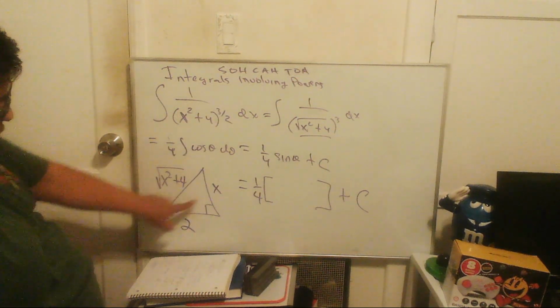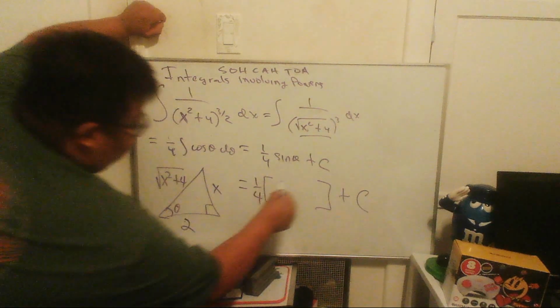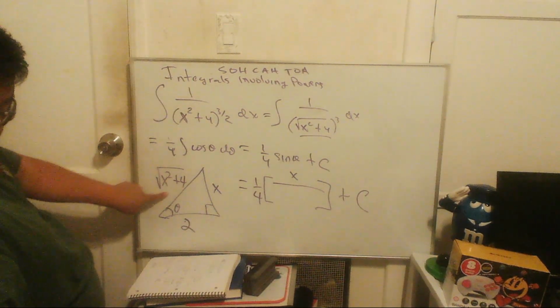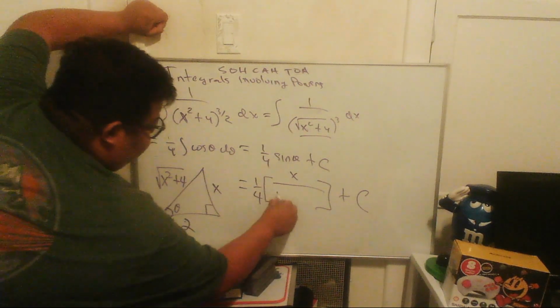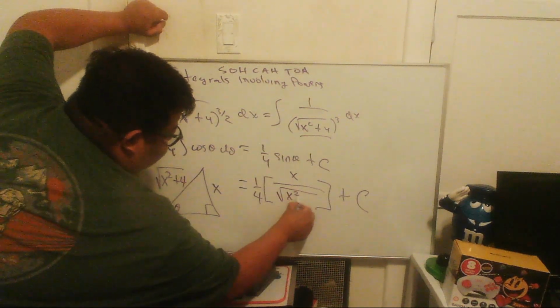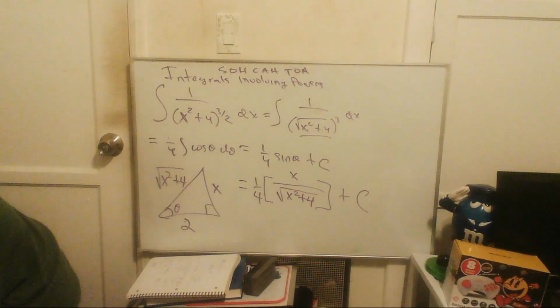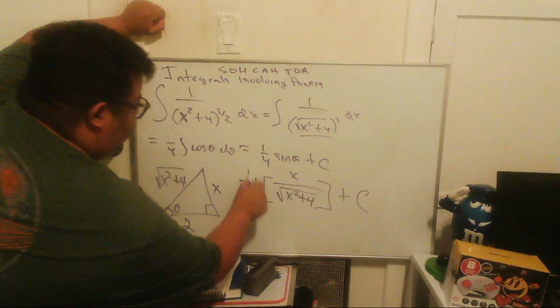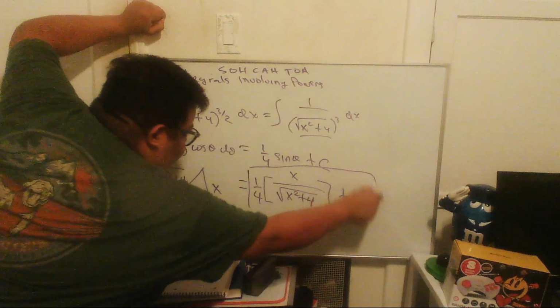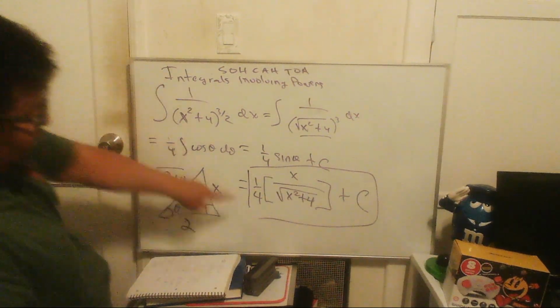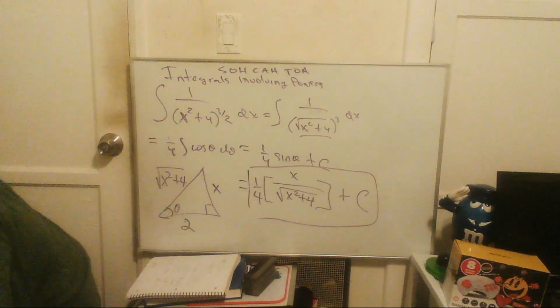So sine theta is opposite, which is x, over hypotenuse. Hypotenuse is the radical, so that would be the square root of x squared plus 4. And that should give me the final answer. And remember, the original integral, which was this one, is equal to that antiderivative.